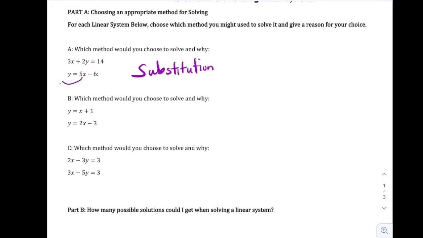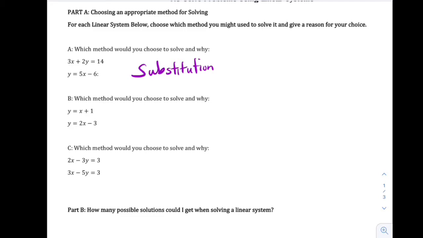I'll bring this 5x over here. Then I'd have to get the same coefficient in front of my variables. So for example, I see that I have 3 and 5 in front of my x's, 2 and 1 in front of my y, so I'm going to have to make an equivalent linear system in order to solve it. So not really the easiest, but substitution looks like it'd be the easiest in that case.